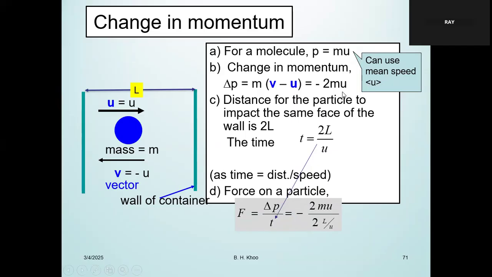Change in momentum is that one there, and time is this one. So 2 and 2 can cancel off. And the denominator multiplied by u, we multiply by u on the numerator. So the u and the u cancel off. So we got minus m u squared over L.